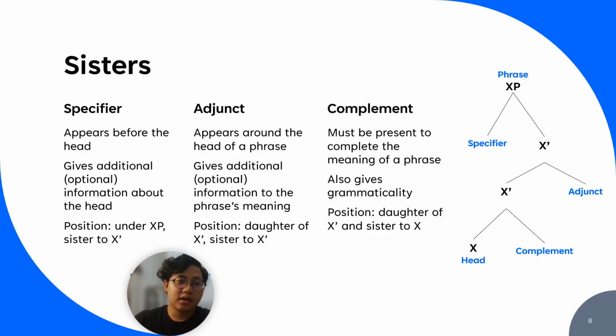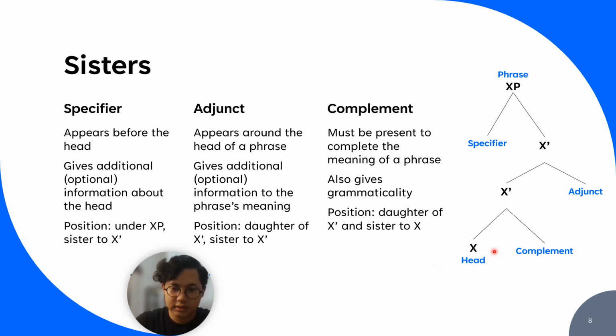Heads are connected to other words called sisters, which give us more info. You can imagine sisters as helpers for the leader. So here we have the three sisters: S, A, C, specifier, adjunct, and complement. So first, the specifier appears before the head. In this diagram here is the head, X, and the specifier must appear before the head.